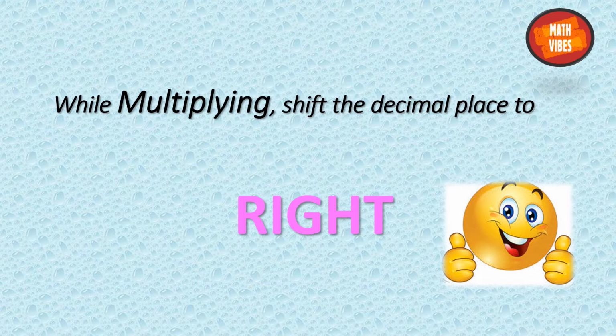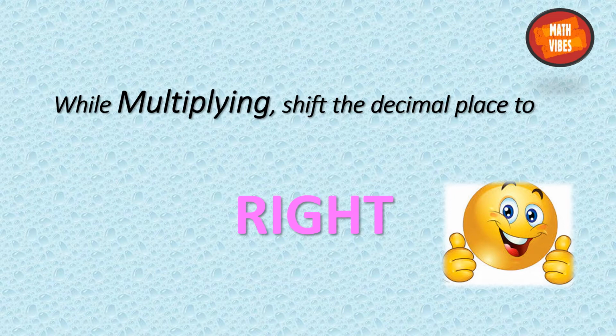For the time being, just remember that when you are multiplying by 10 or the multiples of 10, the decimal will always be shifted to the right hand side.